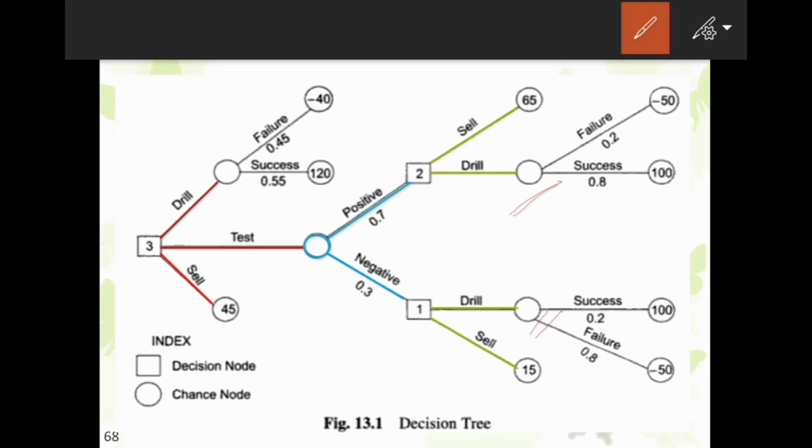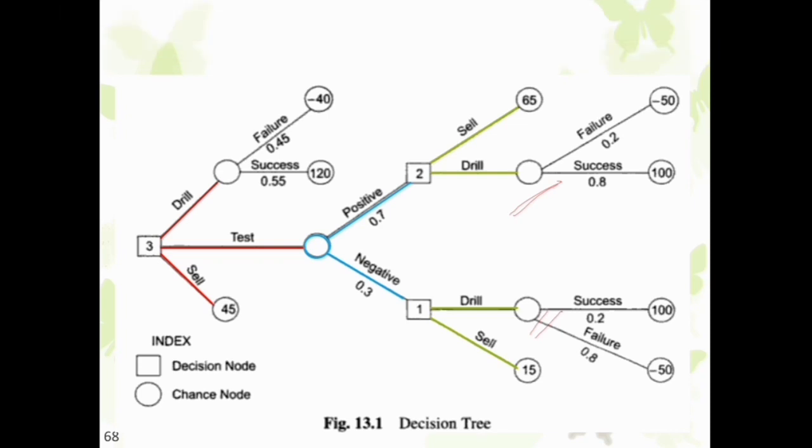The probability of failure and success is given in the table in the question. So you write the branches, and note down the probability of failure, success, and the payoff values. Hopefully you are able to construct this decision tree correctly.